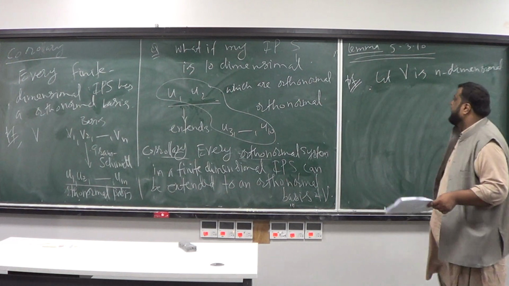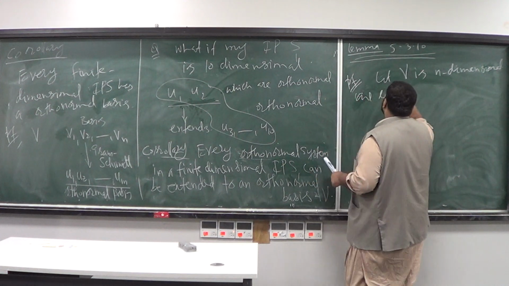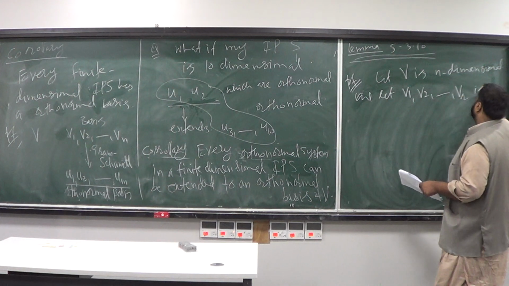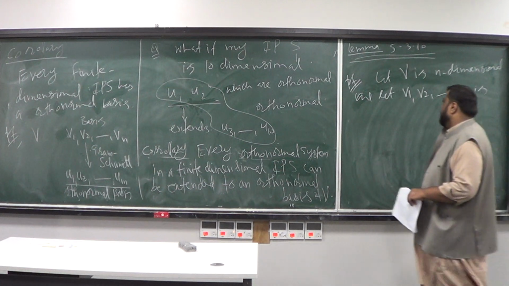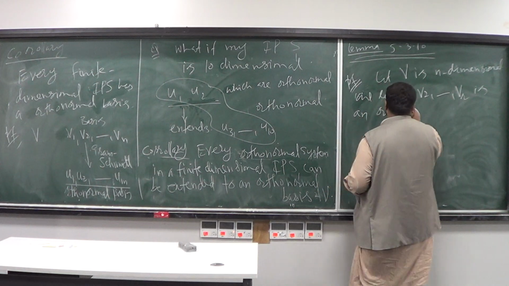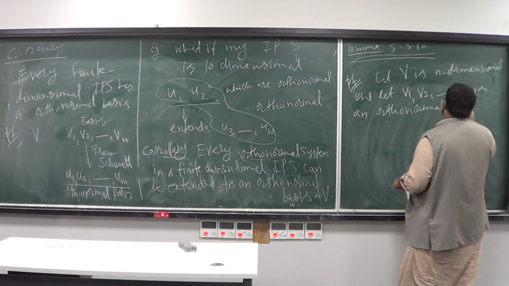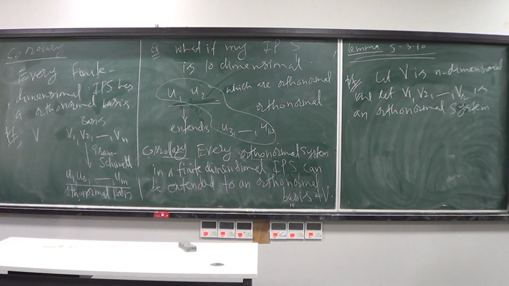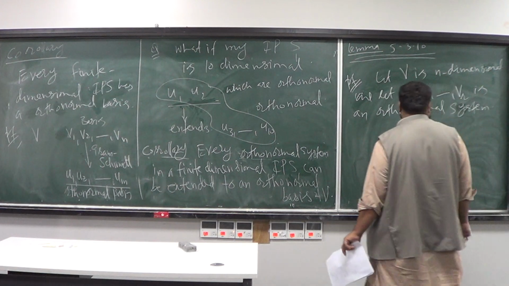Let's assume that, and let v1, v2, ..., vr, where r is some number smaller than n, be an orthonormal system.